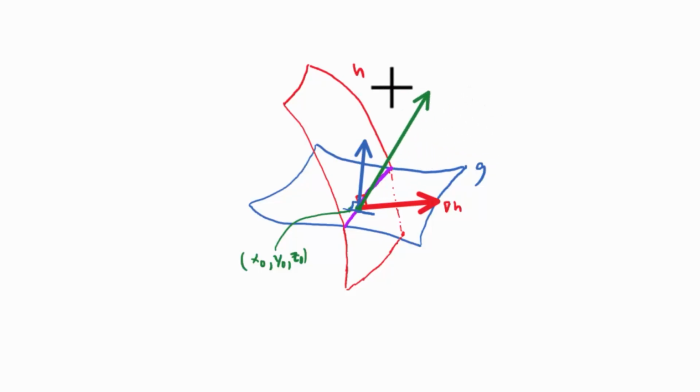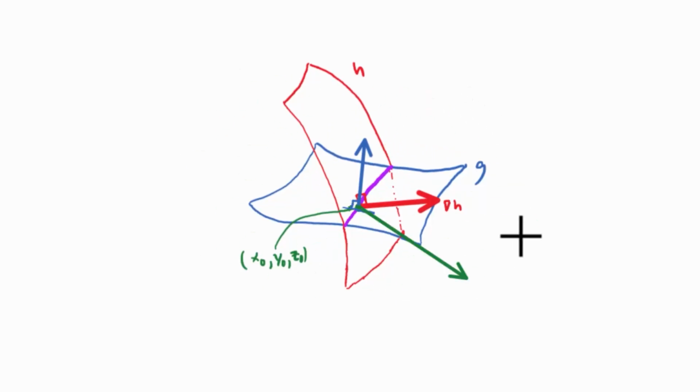As long as it's normal, it could be anywhere in a 360-degree rotation, right? But as long as it's normal to the curve in purple, that intersection curve of the surface H and the surface G.